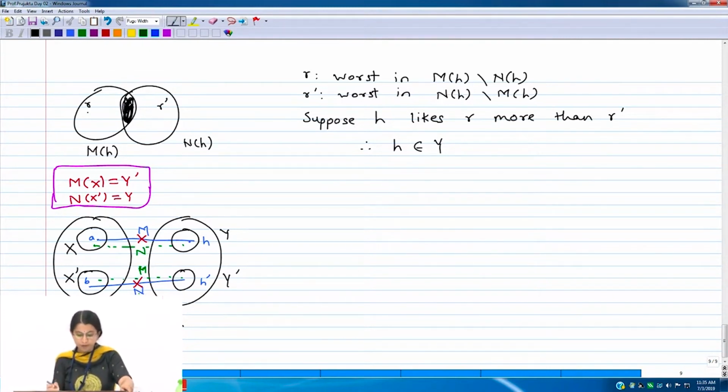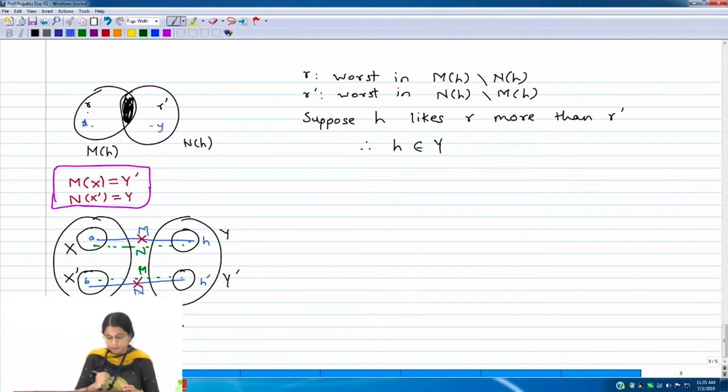But then if H is in Y, where is R? So in fact, R and R prime, let's just pick up some arbitrary residents here, some X and Y. What we want to show is that if H likes R more than R prime, then H likes everybody here more than everybody here, which means H should also like X more than Y. This is what the theorem claims, that if you like one resident in one matching, you should like all residents in that one matching.